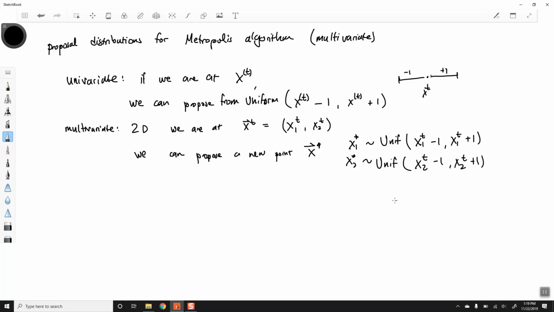Okay, so basically it looks like this. You have this point, x at time t, and then here is x1 minus 1 and x2 minus 1, and then this is x1 plus 1 and x2 minus 1, etc., right?